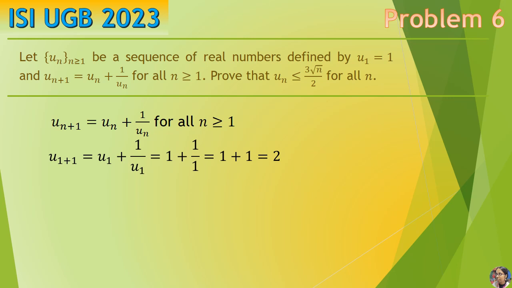So u1 is positive and u2 is also positive. This motivates us to claim that un is positive for all n greater equal to 1 and also un greater equal to 1 for all n greater equal to 1.